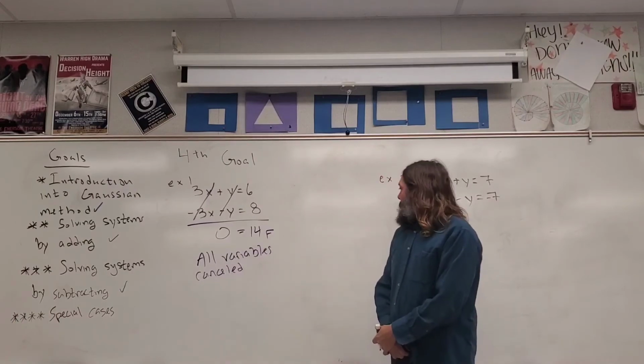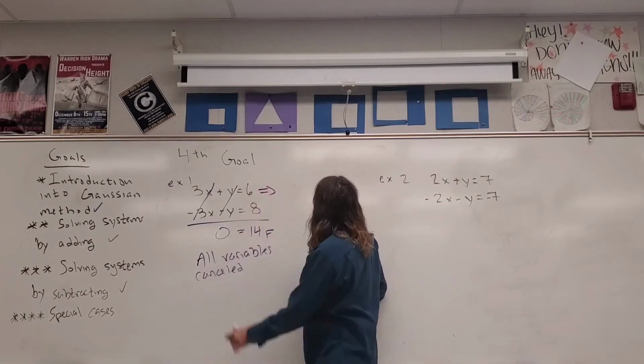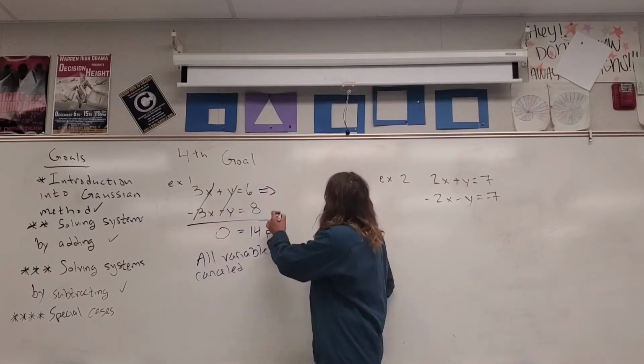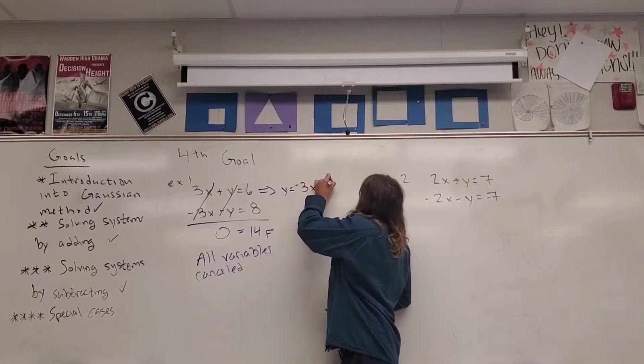All right, I'm going to very quickly rewrite this in slope-intercept form. So basically to do that, I subtract the 3x to both sides, and I get y equals -3x plus 6.